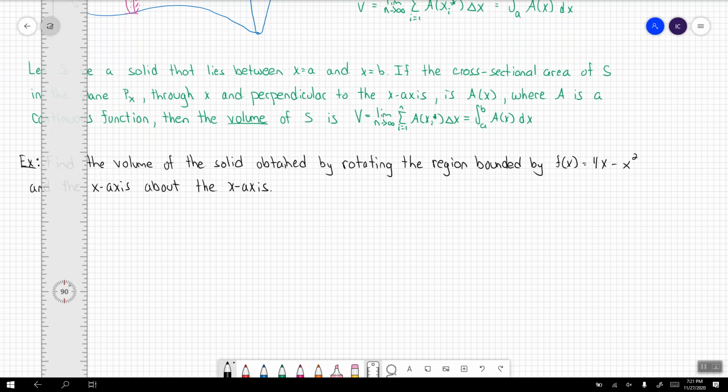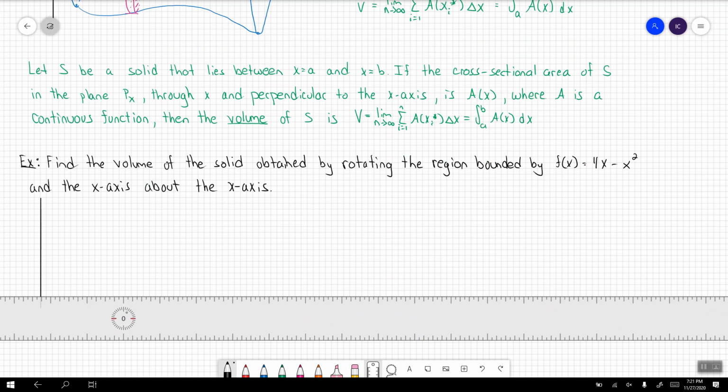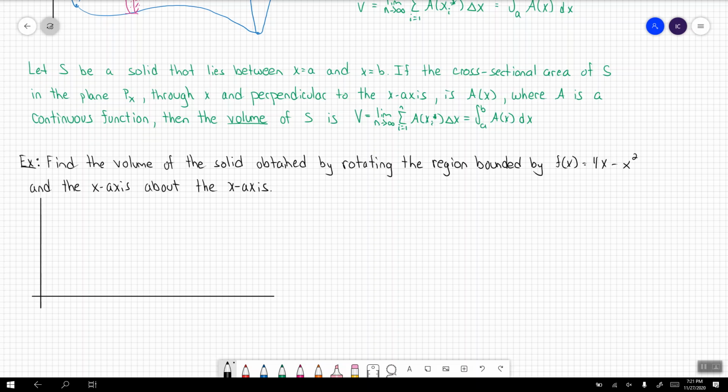So that's what I'm going to do really quickly, is I'm just going to get a quick scale going for my axes here before we start sketching it. So here's y and then here's x.